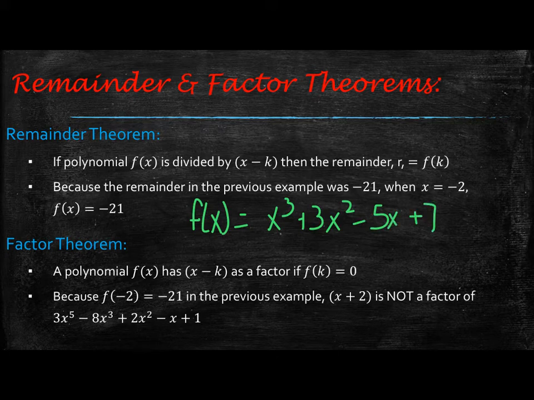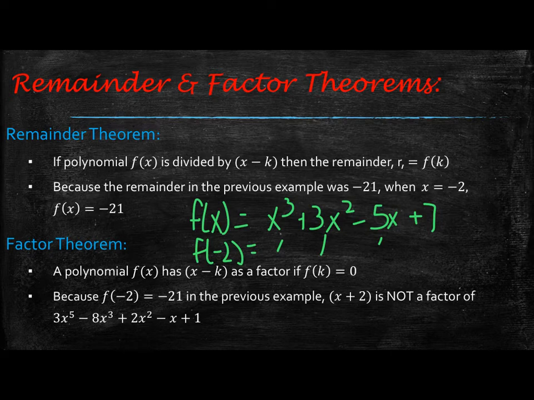Well, if I divide it by the 0, which is negative 2, whatever my remainder is would be what I would get if I plug in f of negative 2, okay? So if I plugged that in here, here, here, then I would get my remainder. And so it helps us just go a little bit faster. It's kind of a shortcut, but it's just something that will happen every single time.